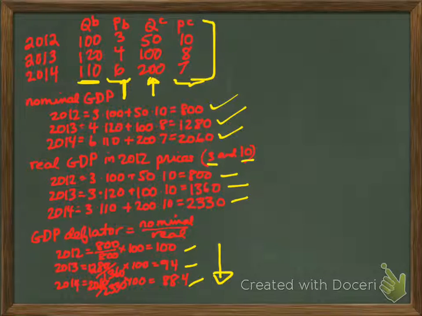So the GDP deflator overall then is going down. So in effect, the prices for the whole system are going down, and that's one reason why we have nominal GDP being lower than real GDP, because on the whole the price level is going down.